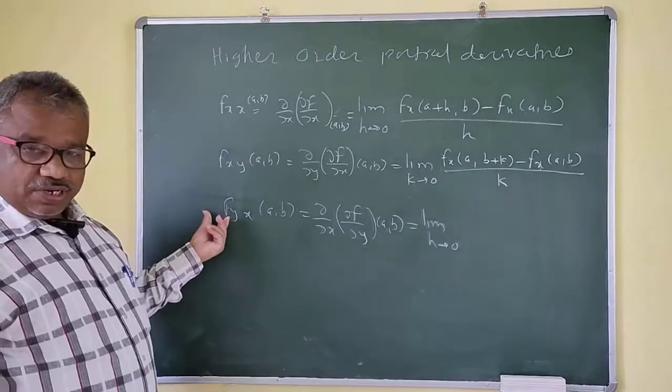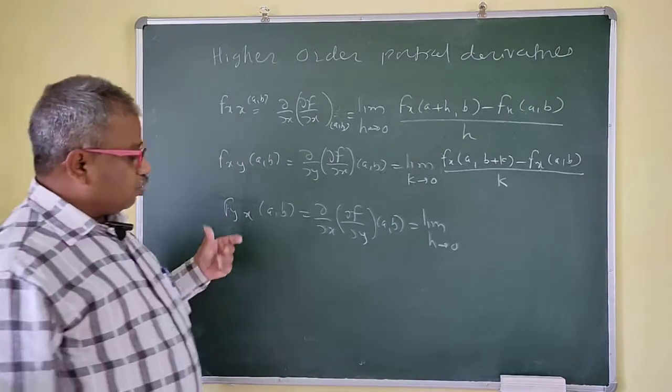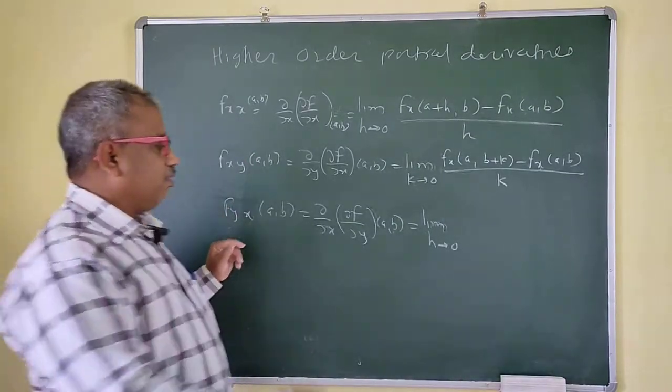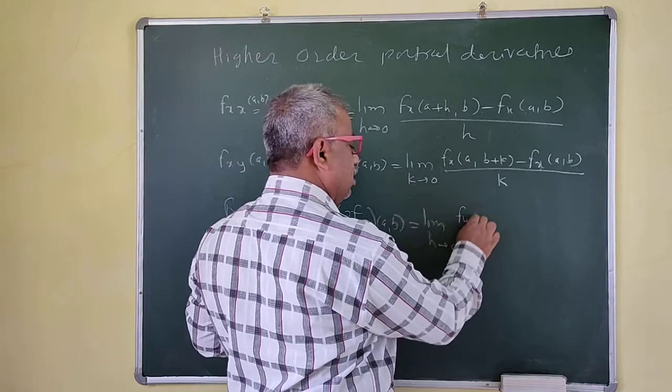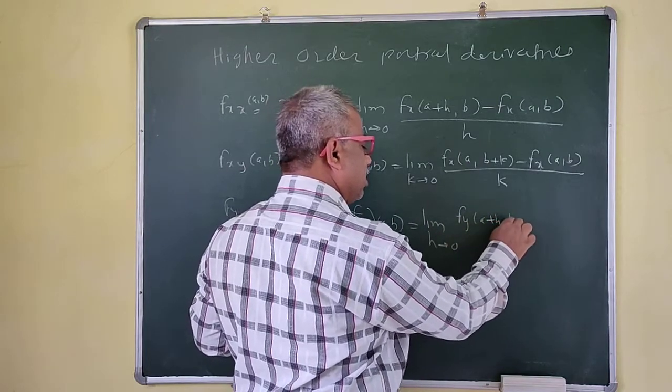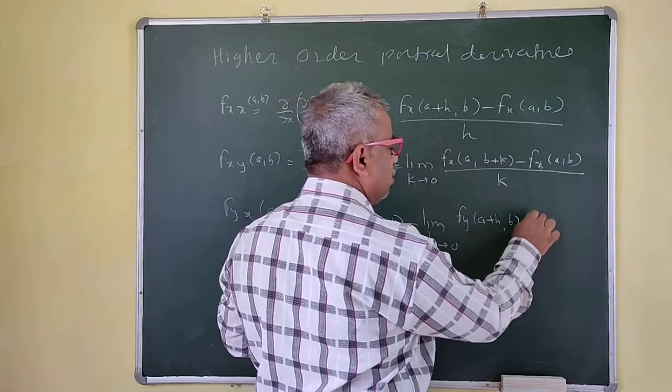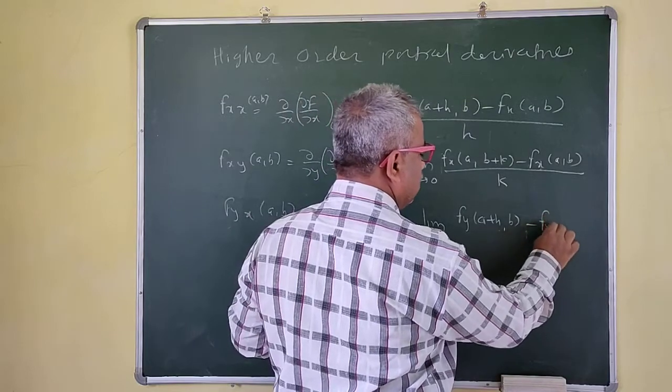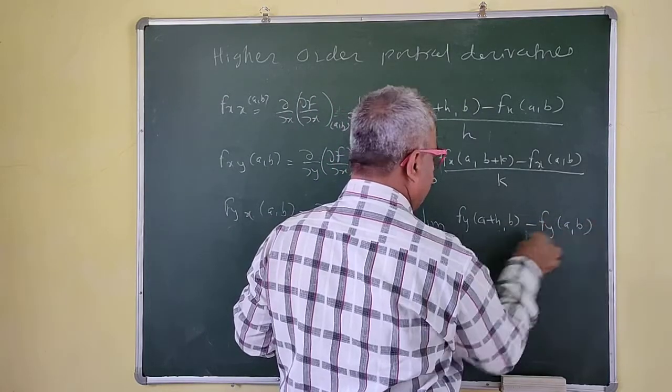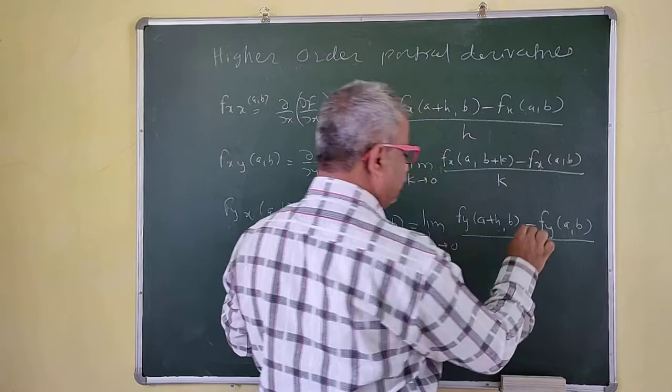We are differentiating fy, so your f will be fy: fy(a plus h, b) minus fy(a, b) upon h.